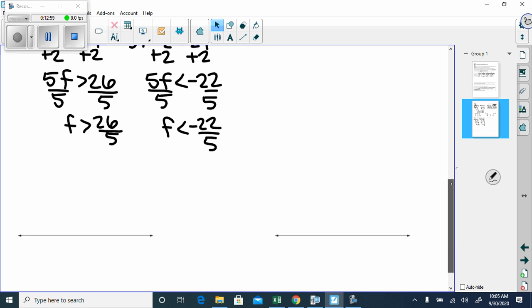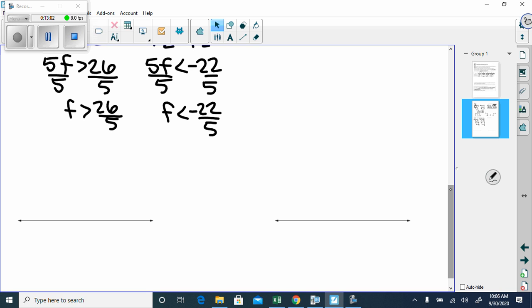So these are my two solutions. Now I'm just going to put these on this number line. So I got 0 here, 26 over 5 over here, and negative 22 over 5 over here. Are my dots open or closed? Good. Okay.